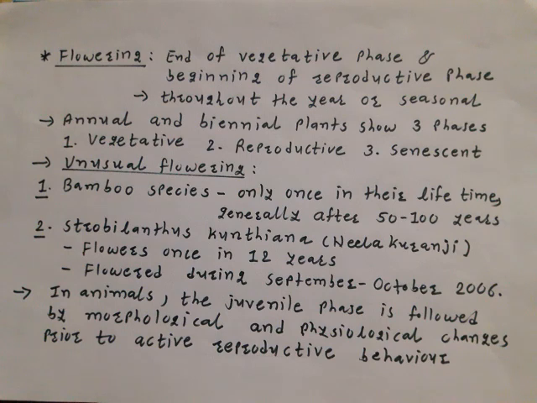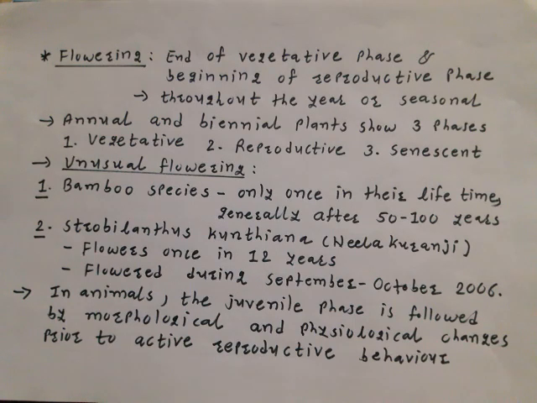Once the reproduction process is over, it is a type of old age or aging, known as senescence. Some plants show flowering throughout the year, and some plants come into flowering during a certain season.